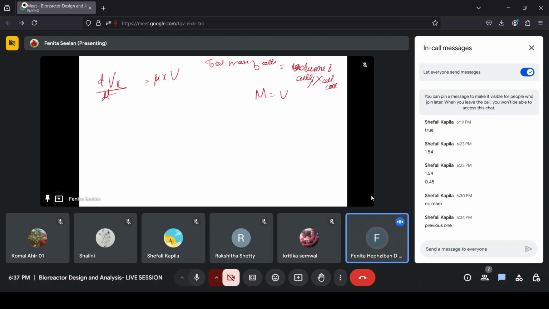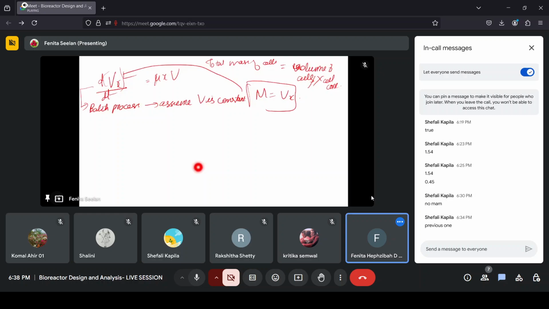So M is equal to V into X. That's why I have replaced my M by V into X. And now the volume is constant, as it is a batch process. So assume V is constant and do the differential equation balance. So we'll take V dx by dt, V we will take out, and mu x into V. V and V will get cancelled. It will be dx by dt.